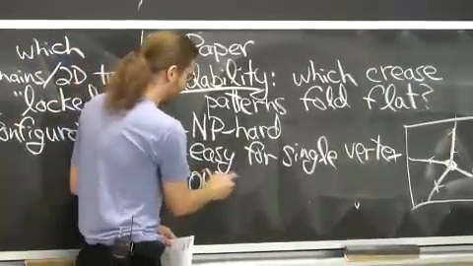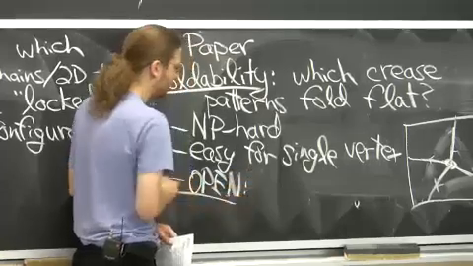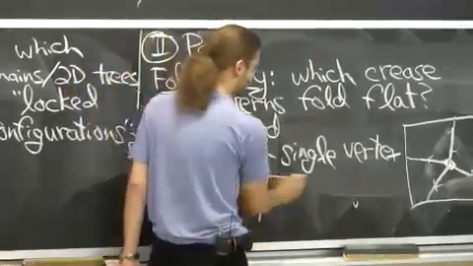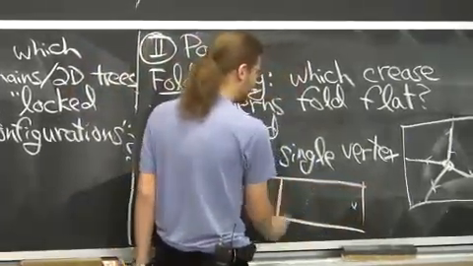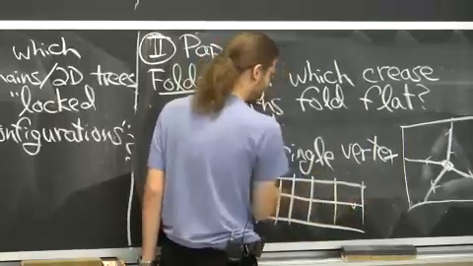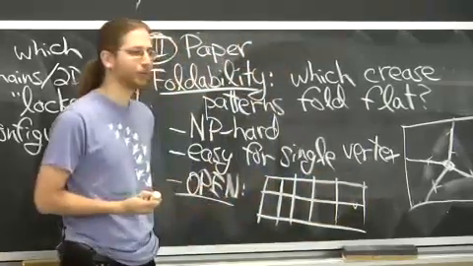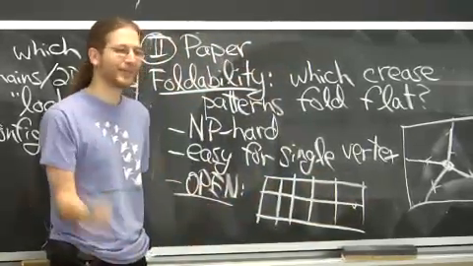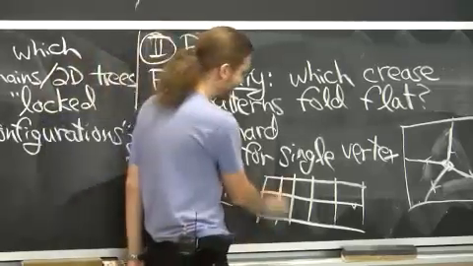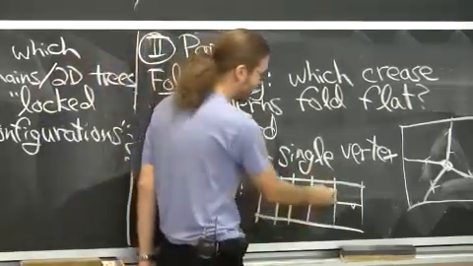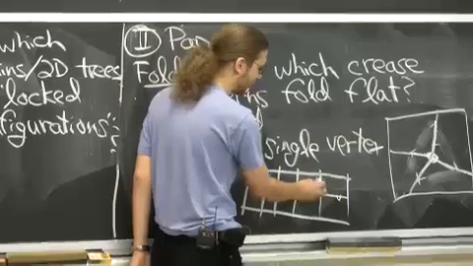One of the bigger open questions is a particular kind of crease pattern, which you may have encountered in real life, refolding your road maps. The saying goes, the easiest way to refold your road map is differently. So suppose you have your road map and each of these creases is marked.